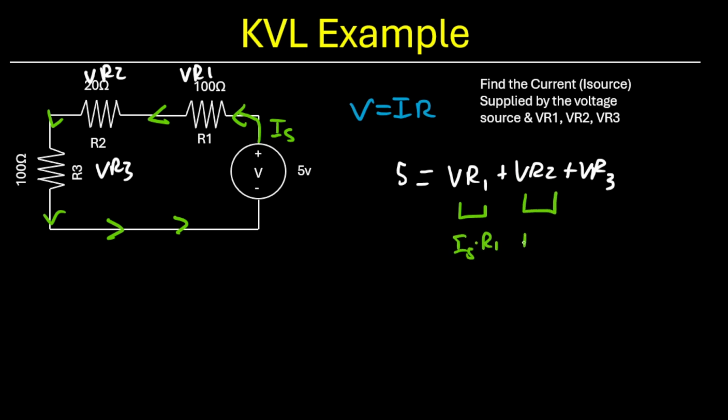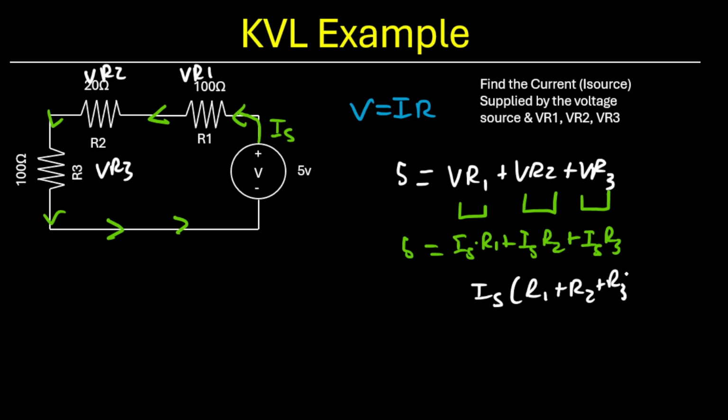We can plug in IS R2 for VR2, and we can plug in IS R3 for VR3. Now we've got 5 equals IS R1 plus IS R2 plus IS R3. Factor out an IS, we get IS times the sum of the three resistors equals 5. If we sum these all up, we get 220. So I source equals 5 over 220 amps.